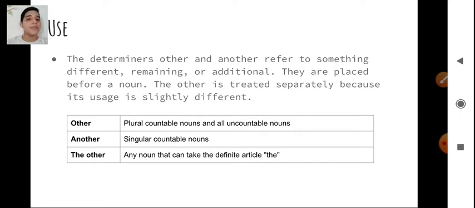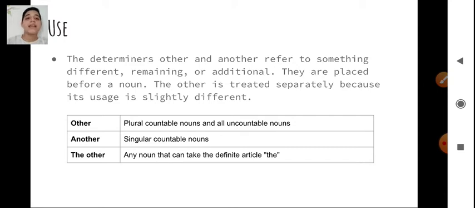But how? Let's take a look at this. It says that we use other with plural countable nouns and all uncountable nouns. We use another only with singular countable nouns, and we use the other with any noun that can take the definite article the. Okay, guys?